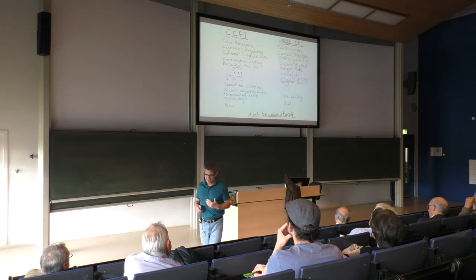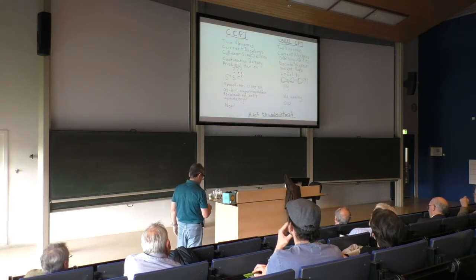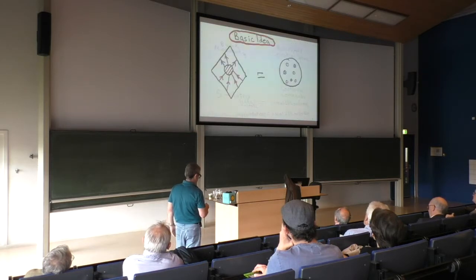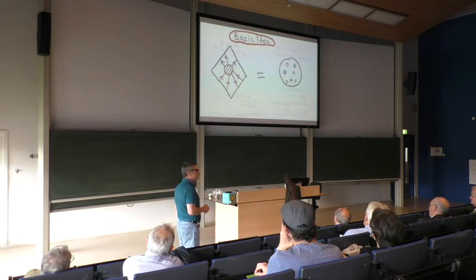One of these is space-time translation invariance, or super translation invariance. So if we go back up here, translation invariance does something simple in this picture, but here it does something very confusing.